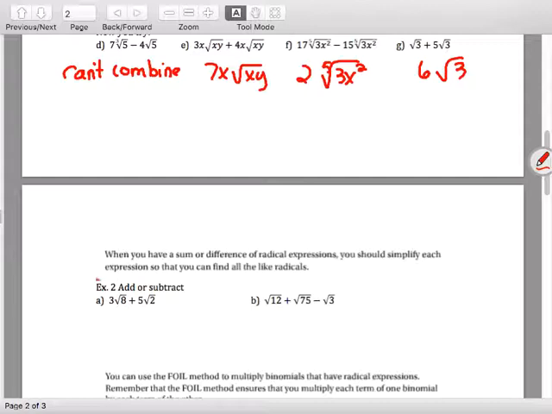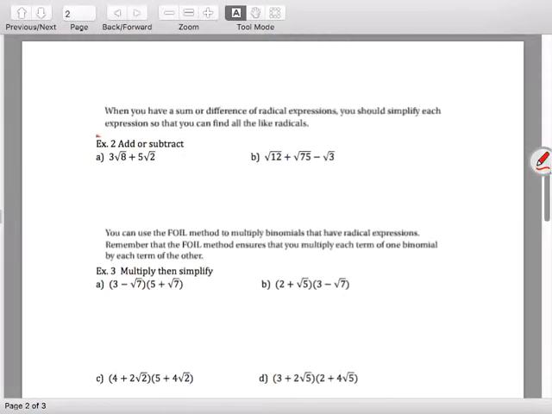All right, when you have a sum or difference of radical expressions, you should simplify before you say you can't combine. So if you look at example 2, I want to add 3 radical 8 plus 5 radical 2. And initially you might say I can't do it. But what can you do with radical 8? Simplify. Yeah, simplify.